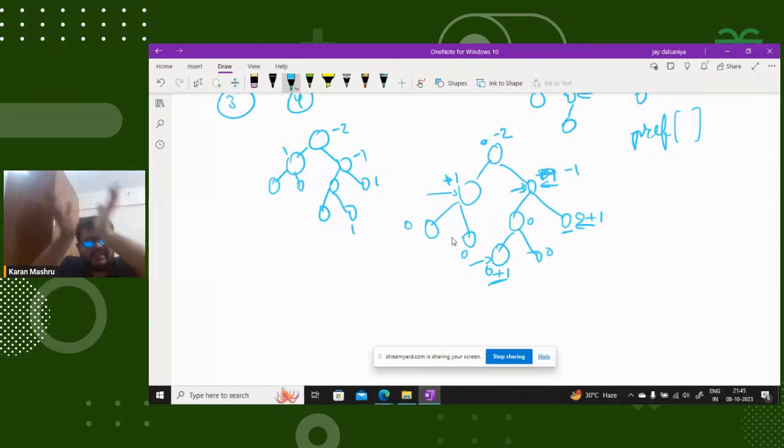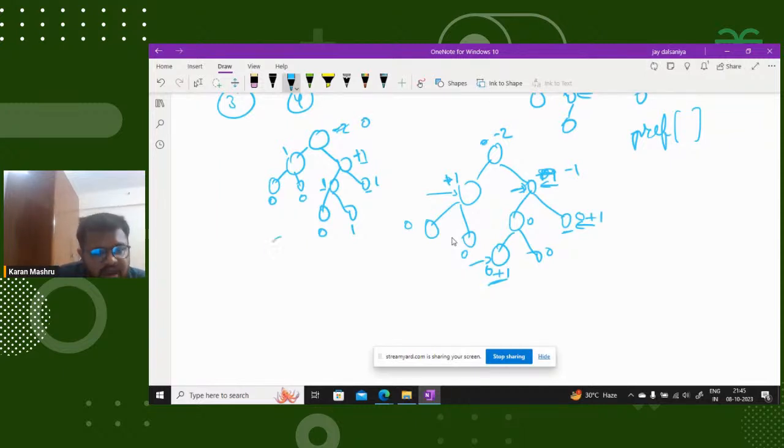So I'll take a sum from children to parent. This is 0. Now 0 plus 1, this will become 1. This is 0, 0, 0 and 1, this will remain 1. Now 1 and 1, so 1 plus 1 is 2, 2 plus minus 1 will become plus 1. Now 1 plus 1 is 2, 2 and minus 2, this will become 0.